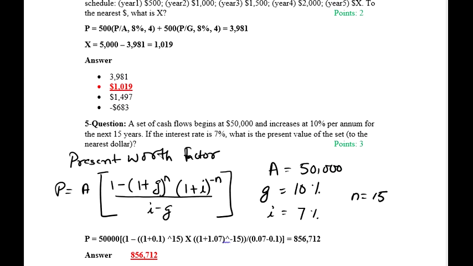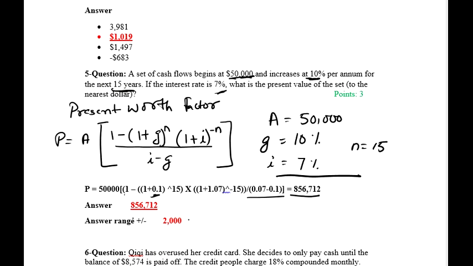Question number 5. A set of cash flow begins at $50,000 and increases at 10% per annum for the next 15 years. If the interest rate is 7%, what is the present value of the set to the nearest dollar?